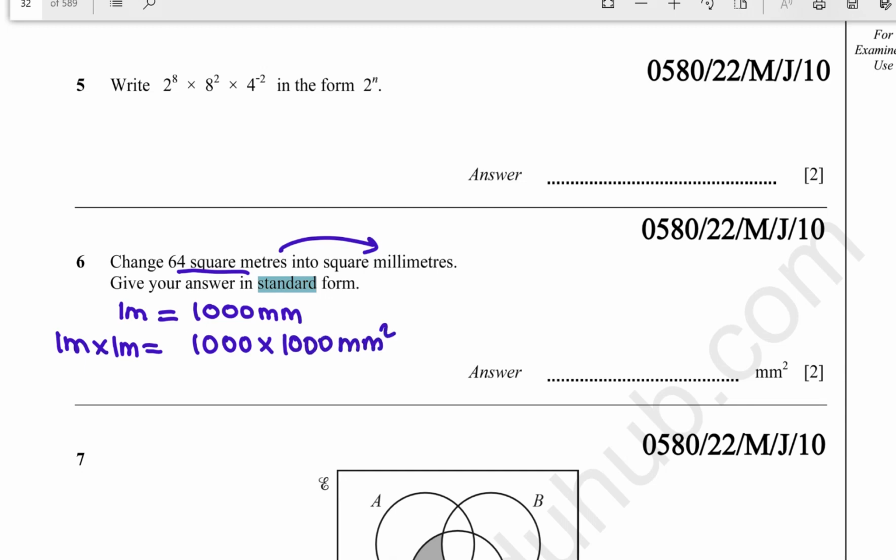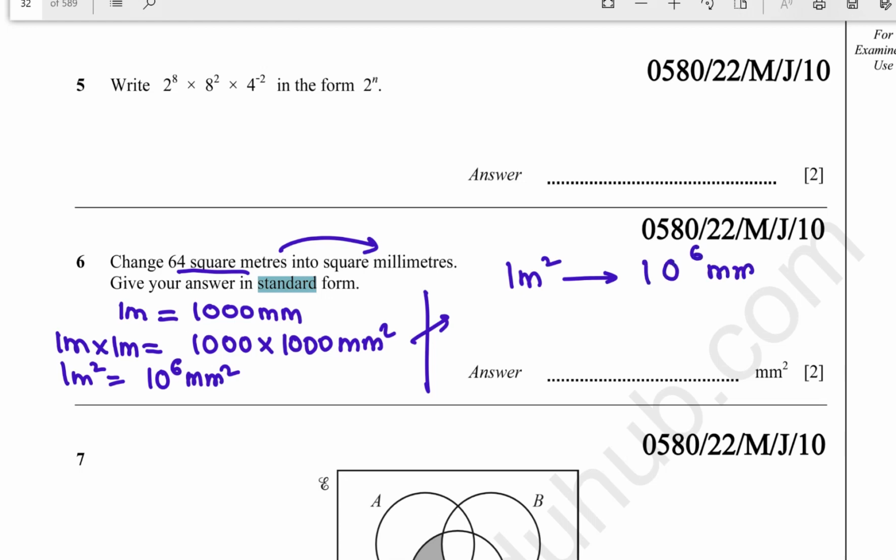millimeters square. That means 1 meter square is 10 raised to 6 millimeters square. When I say 1 meter square, it is the same as 1 square meters. So 1 square meters is equal to 10 to the power of 6 square millimeters.